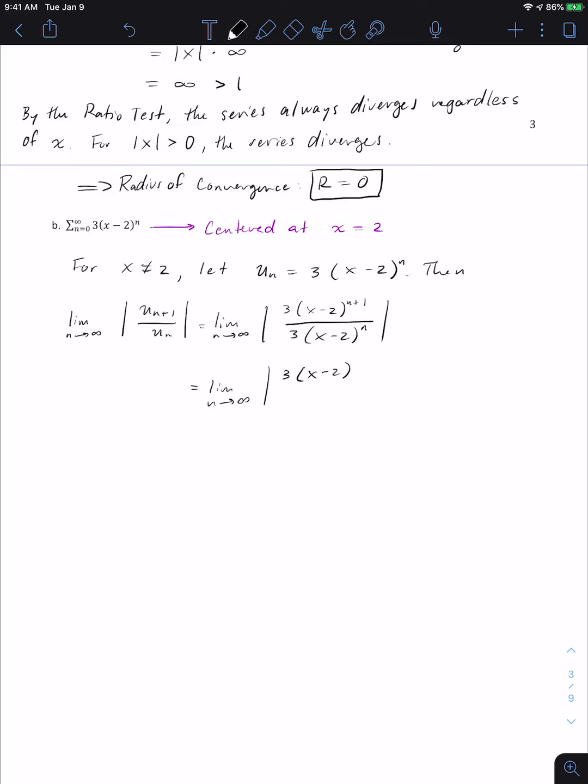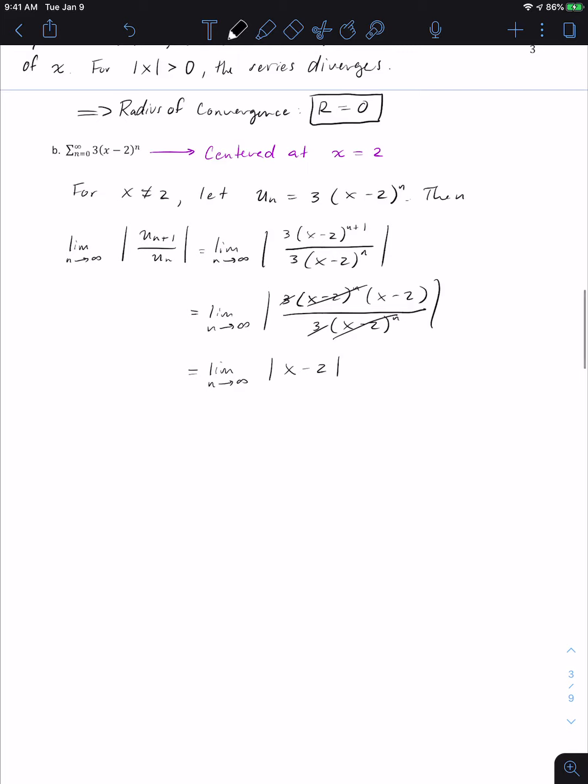This can really be written as (x minus 2) to the n times (x minus 2), because if I multiply those, I add their exponents, so it gives me n plus 1. Then I get 3 over (x minus 2) to the n. So we can see I get things to cancel, and I end up getting the limit as n goes to infinity of x minus 2.